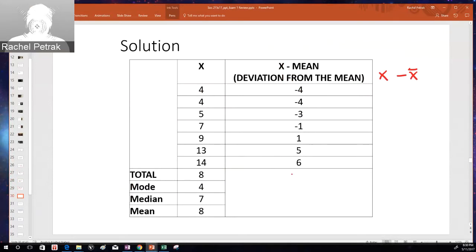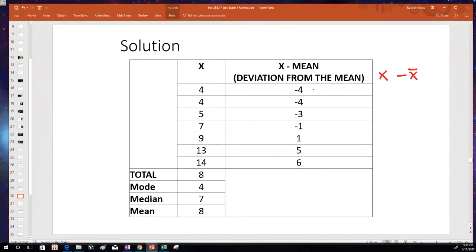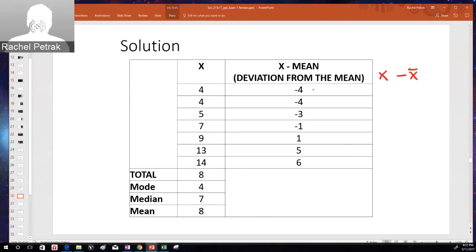If we sum all of these deviations from the mean, true or false, the deviations from the mean will always sum to 0. Is that a true statement or false?